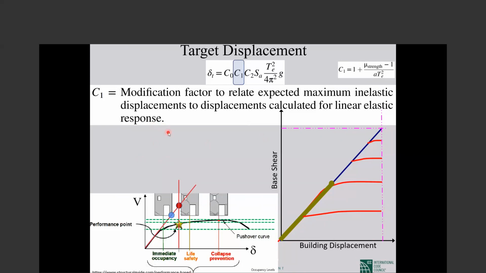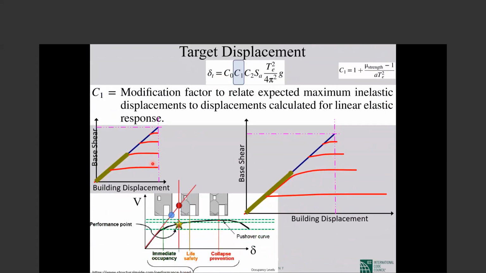But for short, stiff buildings, unfortunately, the equal displacement rule does not hold, and if you reduce the strength, you get increased displacement. You reduce more and the displacement increases as you reduce the strength.